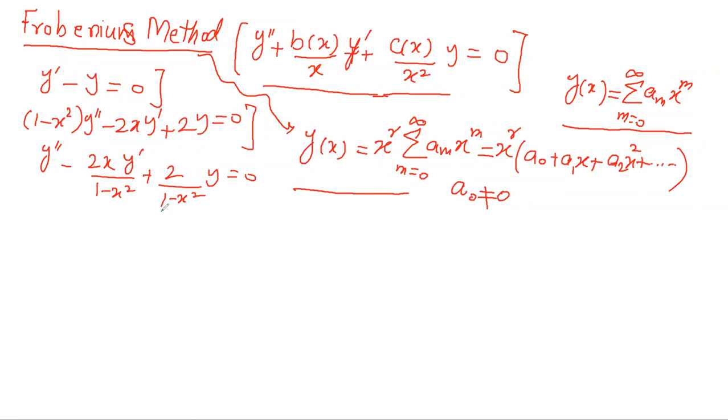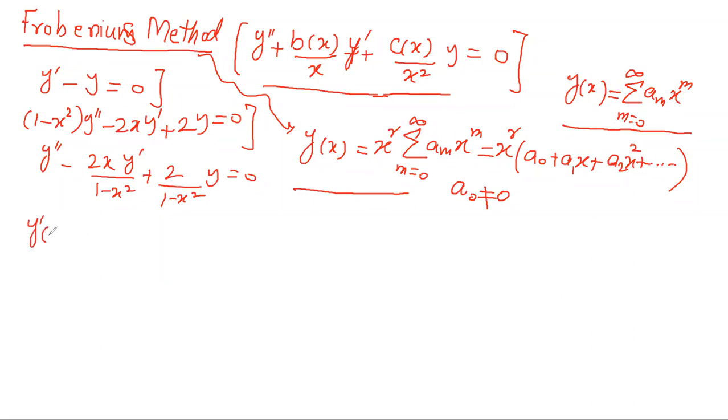Okay, in order to apply this Frobenius method, we have to use some substitutions for y double prime and y prime. For this traditional power series, we can use the substitution. We need to take the derivative of this.